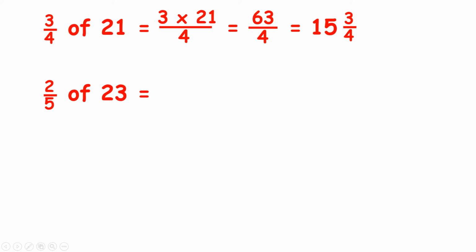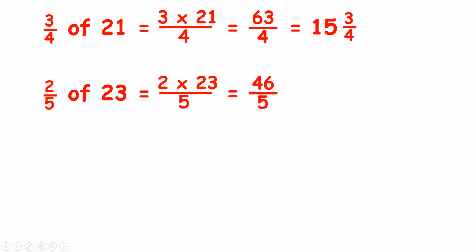Now let's find 2/5 of 23. Well, we could try and do 23 divided by 5 and then multiply that answer by 2, but I think it will be easier to do 2 times 23 and then divide that answer by 5.